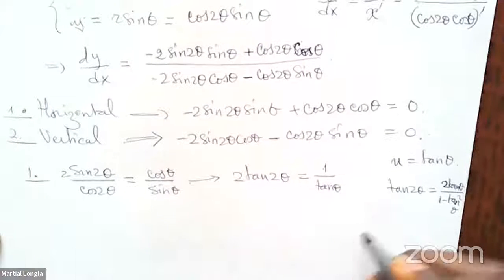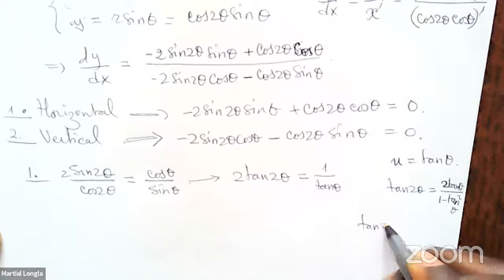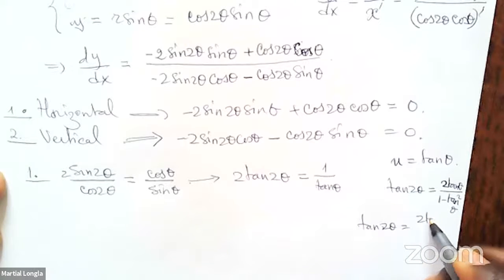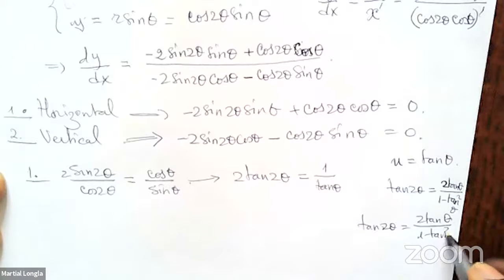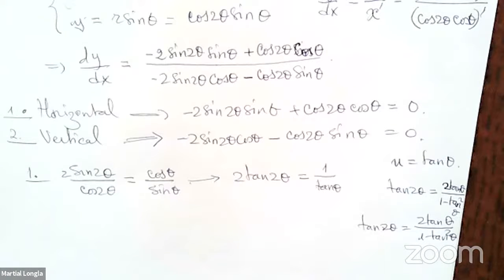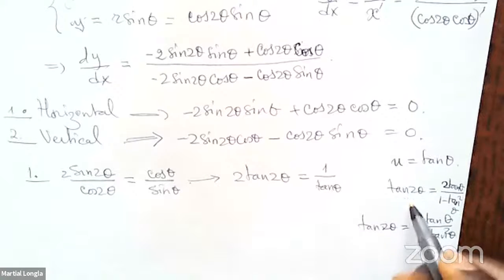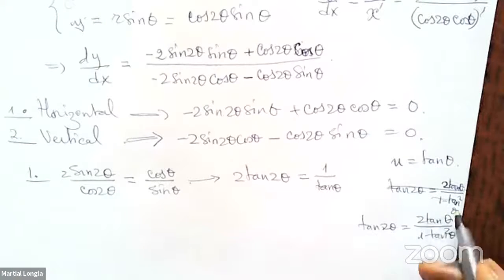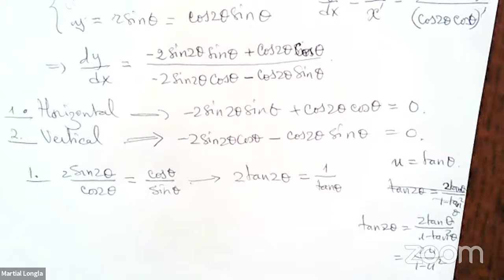Let me write that clearly here. Tangent of 2 theta is 2 tangent of theta over 1 minus tangent squared theta, right? Remember something like this? That's a trig identity, right? And then if you use this, you can put it here. So this is 2u over 1 minus u squared.